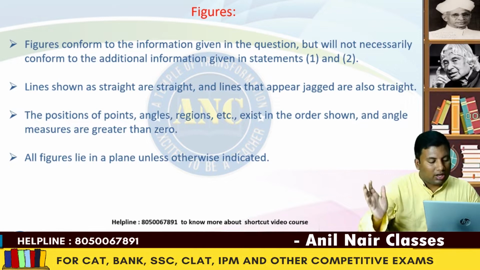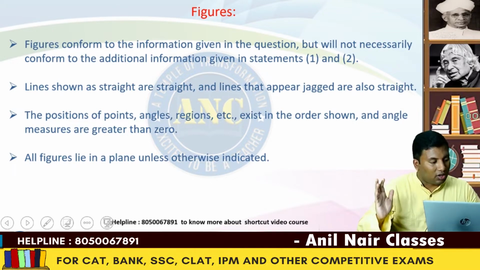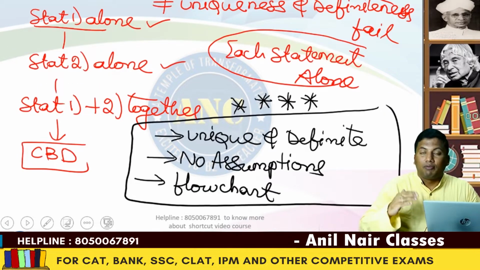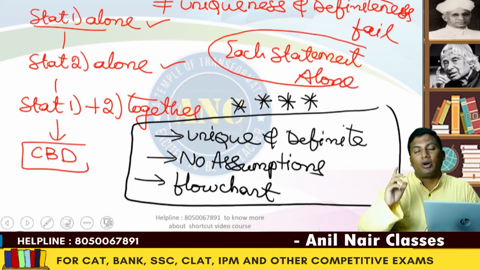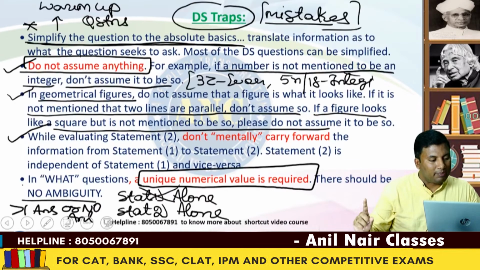All the figures lie on one plane, and an angle is always greater than 0. Flow chart: 3 important key points to solve data sufficiency problems are uniqueness and definiteness. There are no assumptions, and follow the flow chart. Another important point: you will never combine both the statements without doing each statement independently.